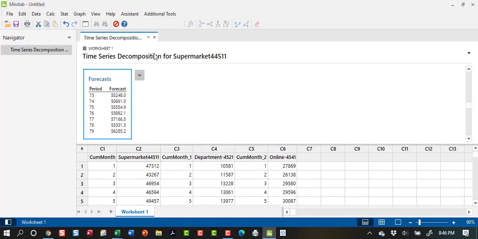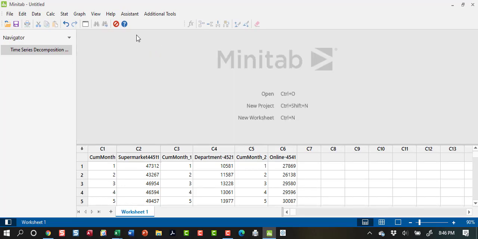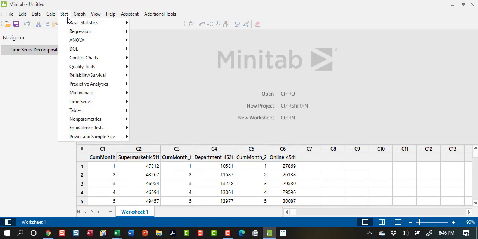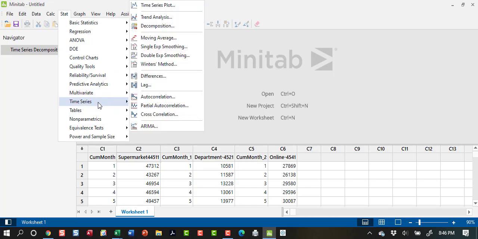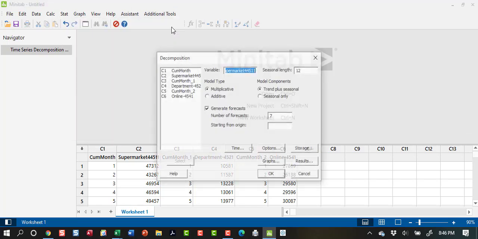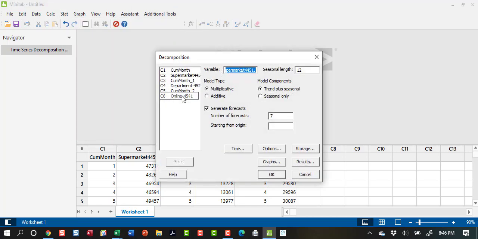Okay, it's department stores next. Here we go. Statistics. Time series, decomposition. It is now department stores. There we go. Department stores, that's the code in the US Census data.